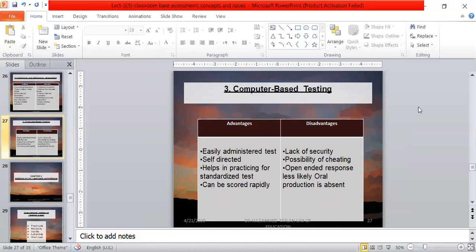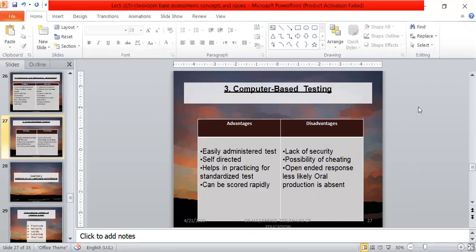It helps in practicing for standardized test, no doubt, but open-ended response, less likely oral production is absent in computer test. They have to go for subjective, multiple choice, yes or no, whereas the open-ended response is absent there.